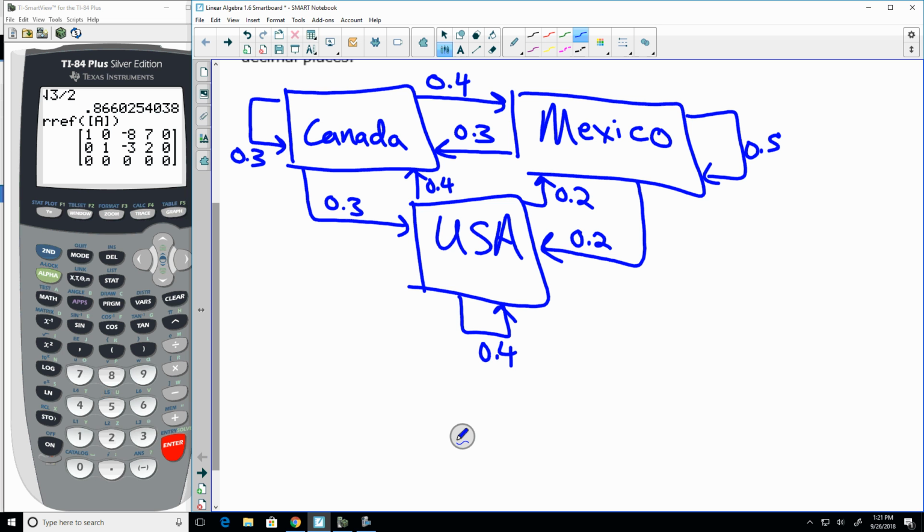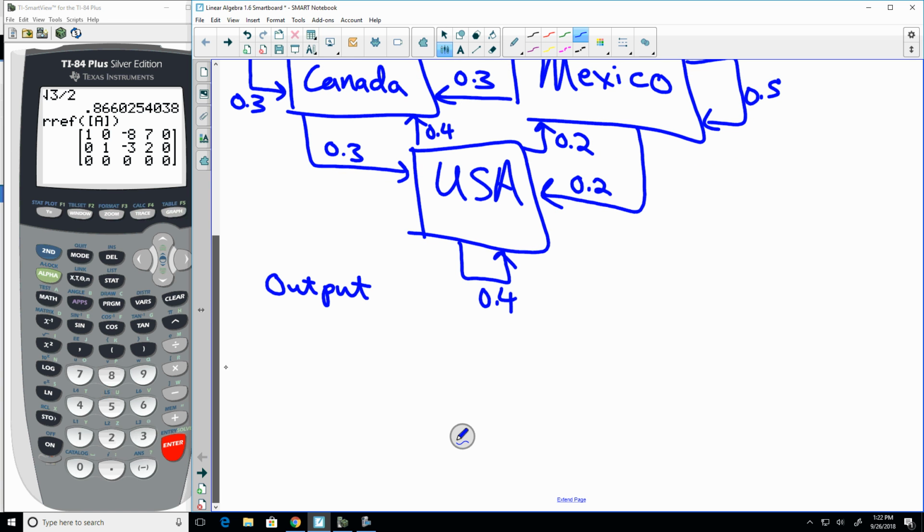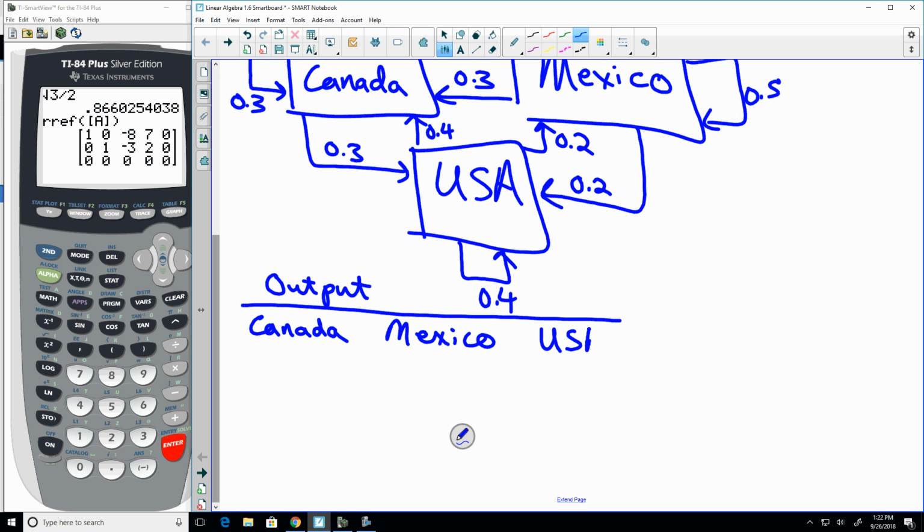Let's look at Canada's. Let's just do output. So we've got Canada, Mexico, USA.